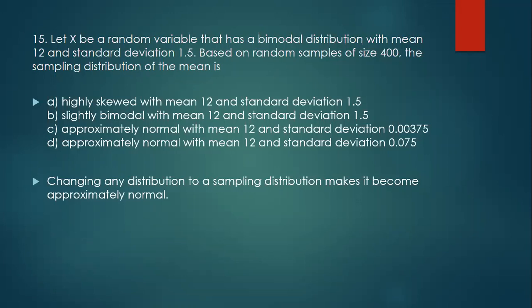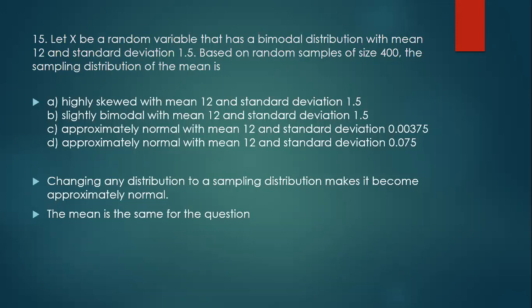That's the first thing. Remember that the mean of a sampling distribution is the same as the mean of the population. So the mean is the same for this question, and our answer is between C and D.